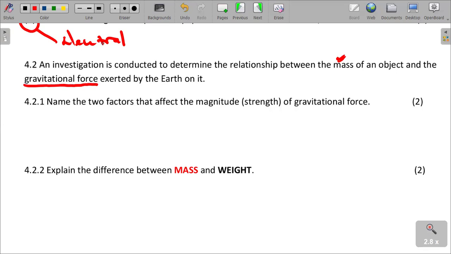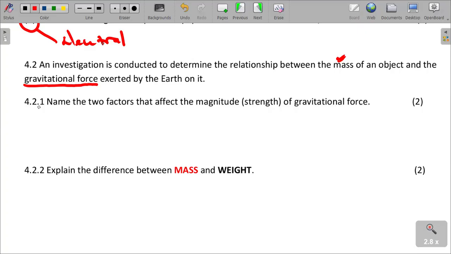So what is the question saying? Name the two factors that affect the magnitude or strength of gravitational force. Gravitational force is affected by mass. I'm sure you remember that the amount of matter an object has defines the gravitational force, or the force with which it falls to the ground.